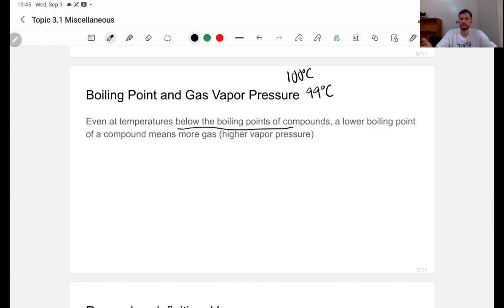But let me use more proper chemical language here: the misconception is that at 99 degrees, none of the water molecules are going to become gas. And that is not true, right?